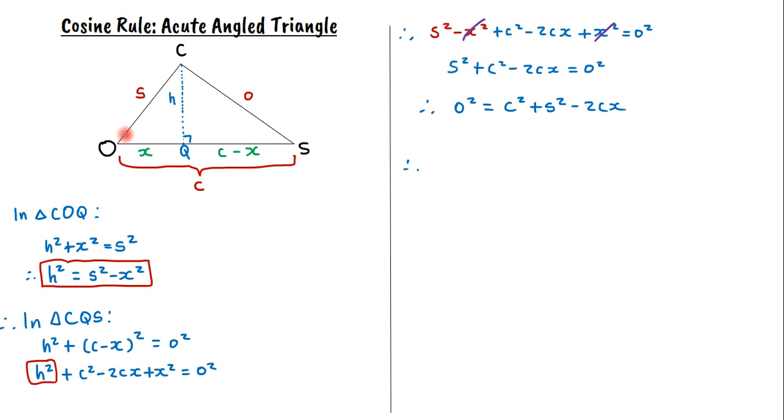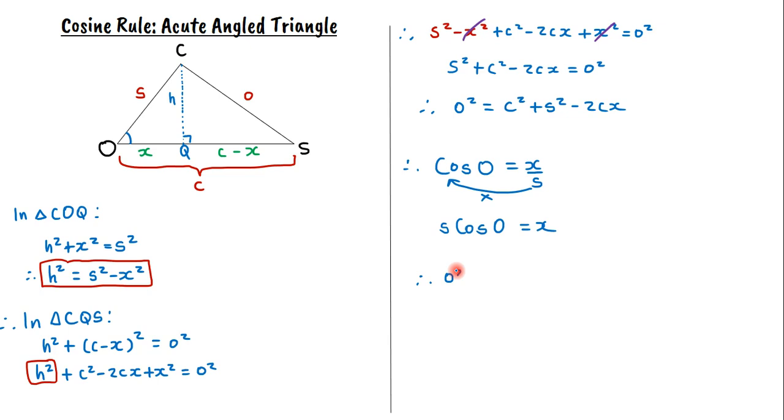So now here we do have an angle already. It is angle O. So we're going to say therefore cos angle O is going to be equal to our adjacent, which is x, over our hypotenuse, which is s, and then we're going to cross multiply there. Then s cos angle O gives us x.